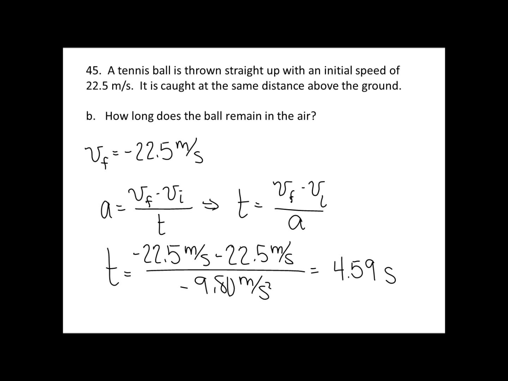So the trick here, it's not really a trick, but the concept that you have to get here in order to answer this question easily is when an object lands or is caught at the same height that it was thrown up from, that V final is exactly negative VI. So I know that my final velocity is negative 22.5 meters per second.